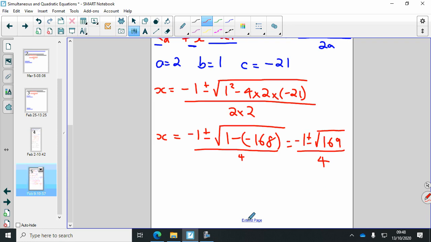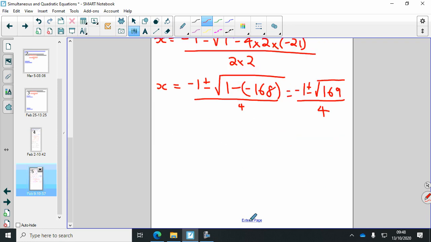So we then find our two answers. x1 is going to be minus 1 plus the square root of 169, over 4. And x2 is going to be minus 1 subtract the square root of 169, all over 4.